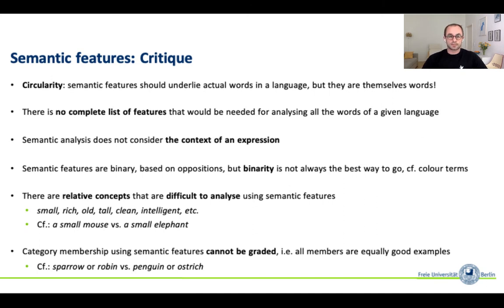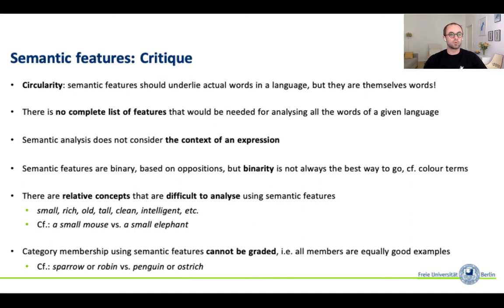Another thing is that category membership, if defined by using semantic features, is not gradable, right? So all members are equally good examples. So words such as sparrow and robin and penguin and ostrich would all have the feature plus bird, but they would not really.